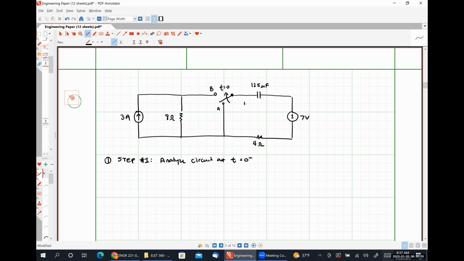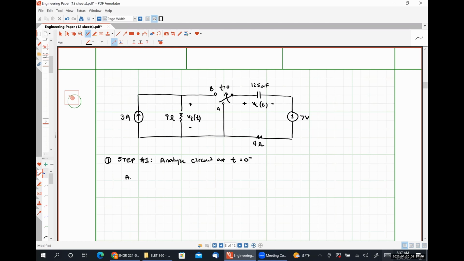So let's say that we're trying to find the capacitor voltage as a function of time and this resistor voltage as a function of time. Okay.